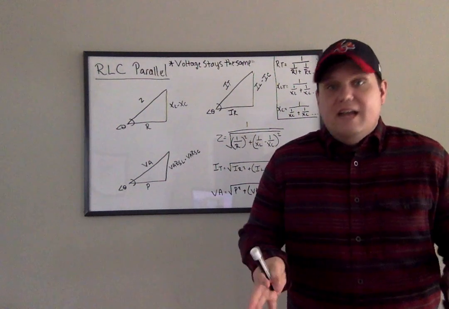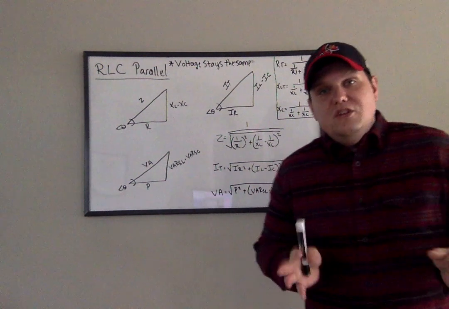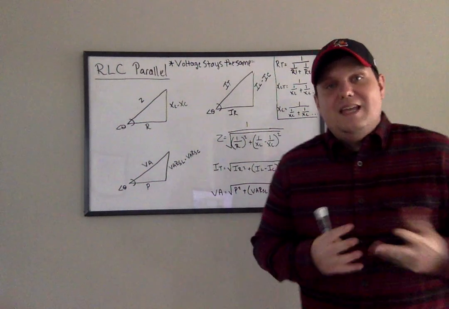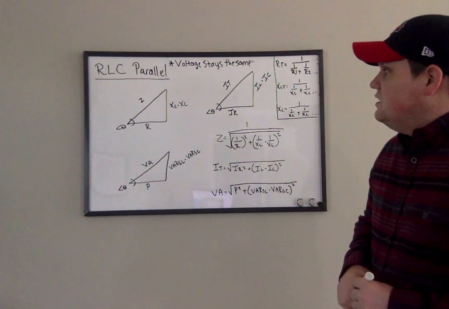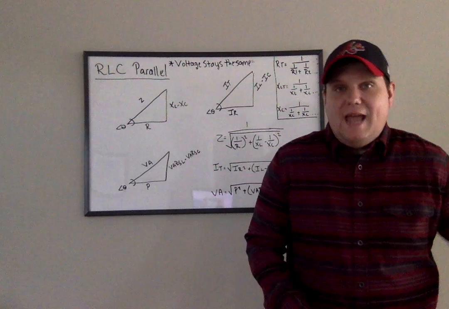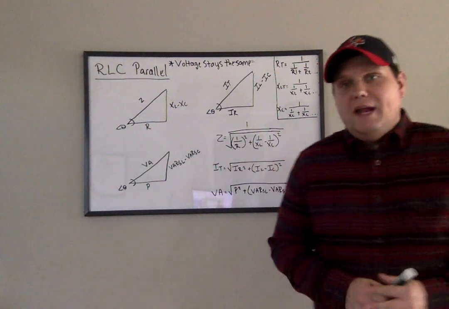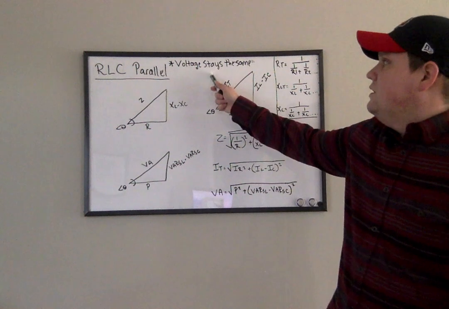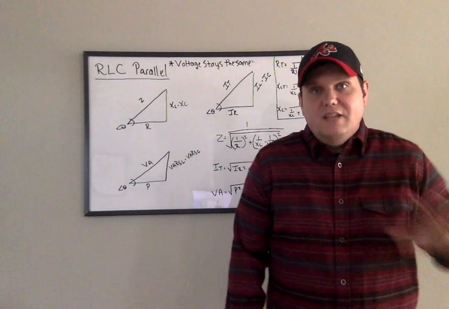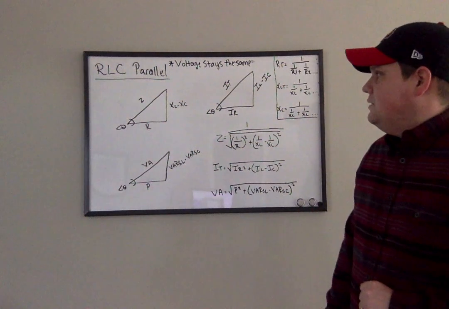So again, it's just like what we originally were doing. We're just throwing inductance and capacitance into that same circuit. It doesn't matter what kind of components we have here. If they are connected in parallel, always remember that voltage is going to stay the same. Okay, so voltage is going to stay the same.